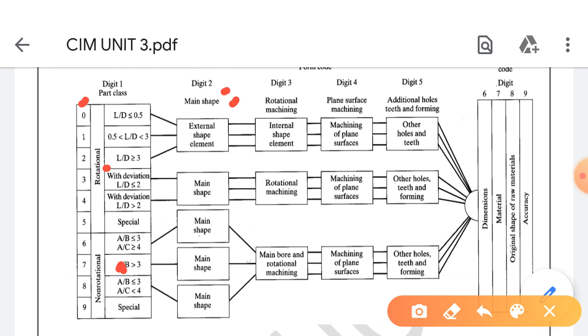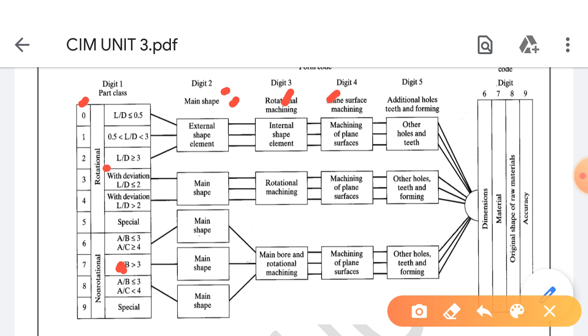The third one is rotational machining, whether there is an internal shape element, rotational machining, or a main bore, the main hole in a rotational part. That is what the third digit will represent. The fourth one is plane surface machining, with the help of a milling machine.